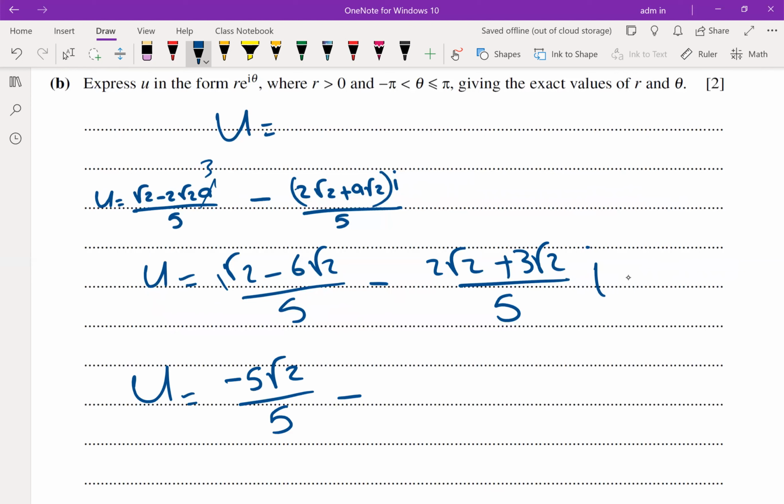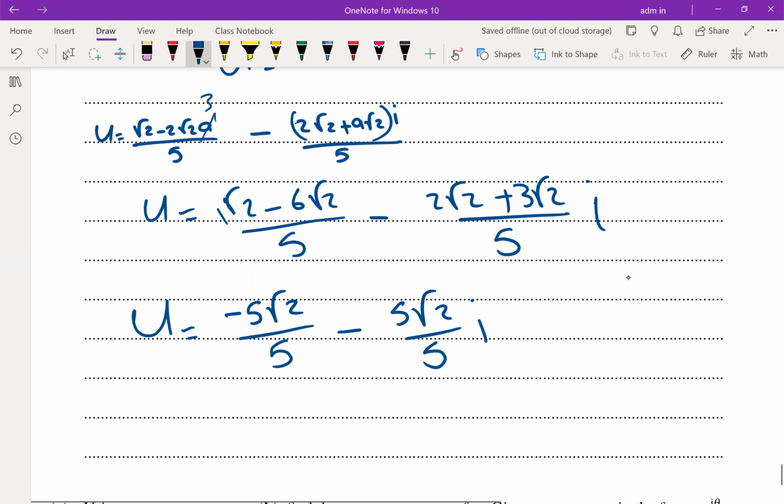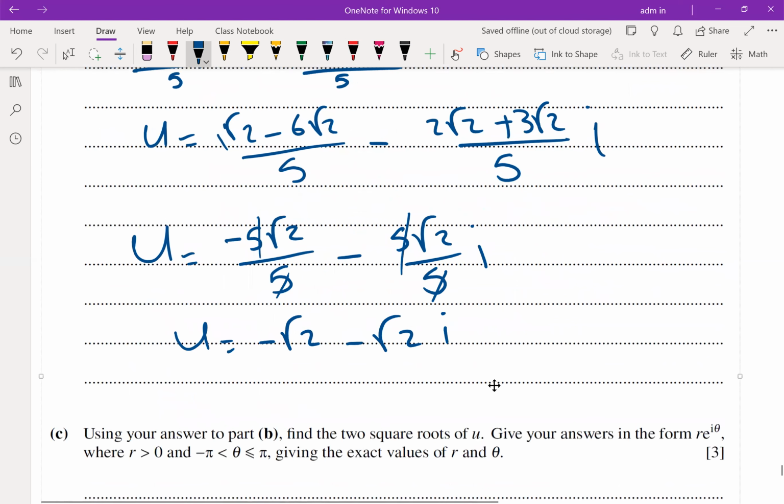And 2 root 2 plus 3 root 2 is 5 root 2 divided by 5 i. Simplify your answer, so u is negative root 2, cancel, minus root 2 i. This is the final answer simplified in case a is equal to 3.